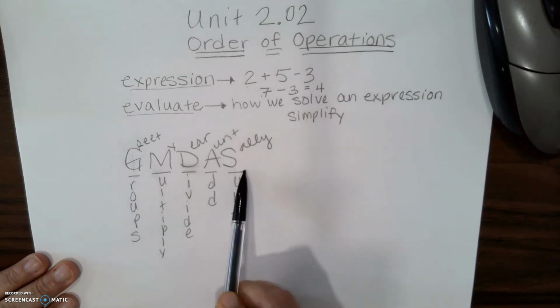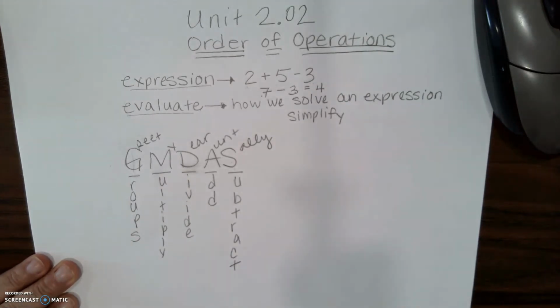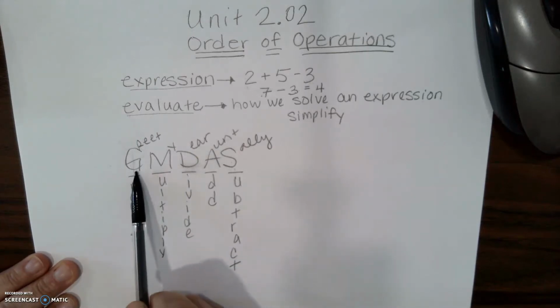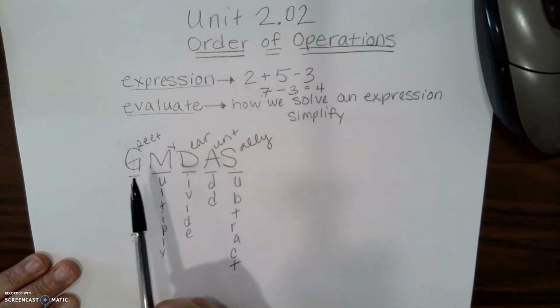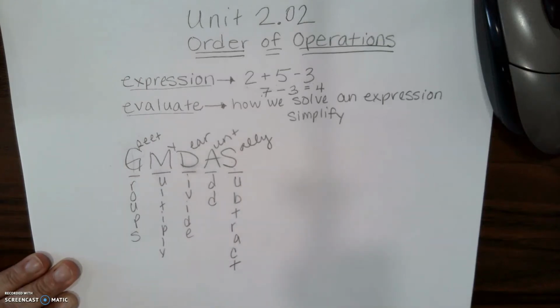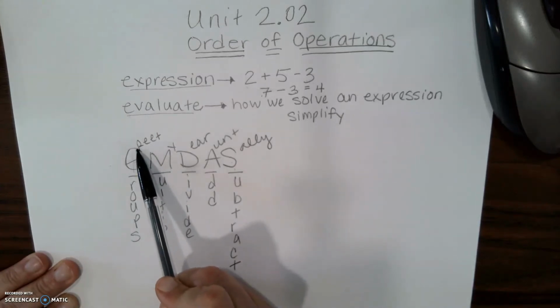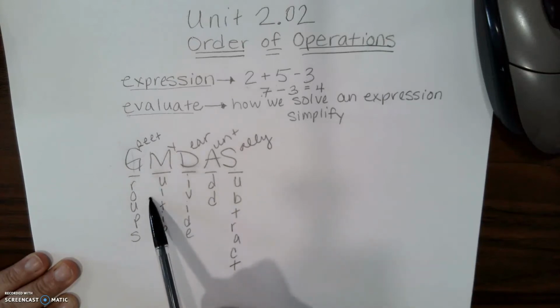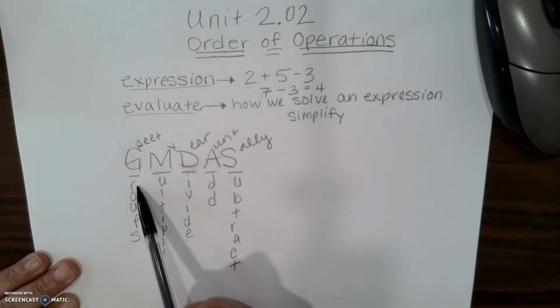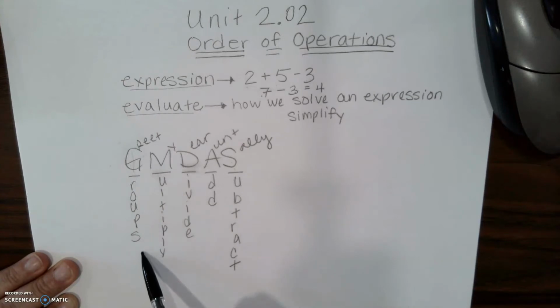Down here, this is a way for us to remember this order. GMDAS. And you might remember this as PMDAS, but in 5th grade we're going to change that P to a G because we're going to talk about, especially today, groups.